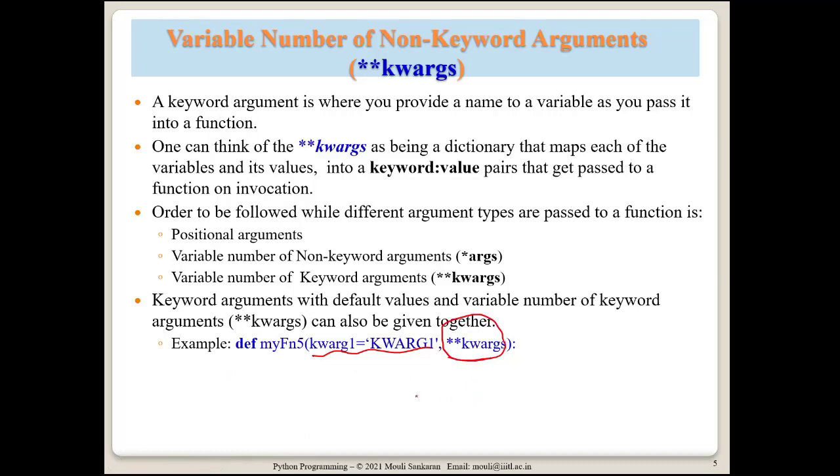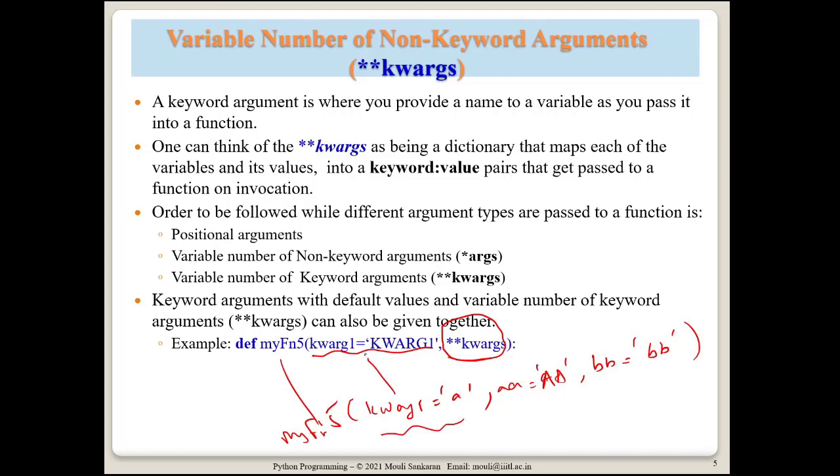So if you are passing suppose kwarg1 equal to a, and then a equal to aa, maybe bb equal to bb. If you are calling this function maybe my function 5, then this is matching with this.